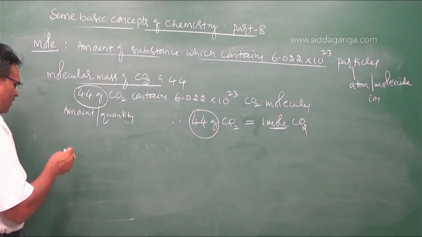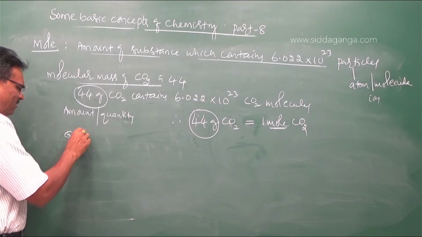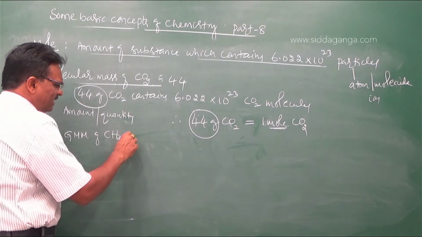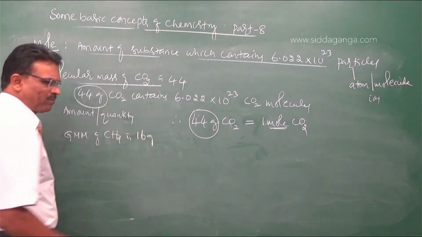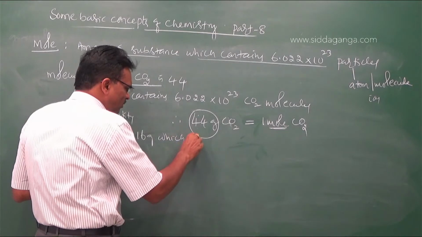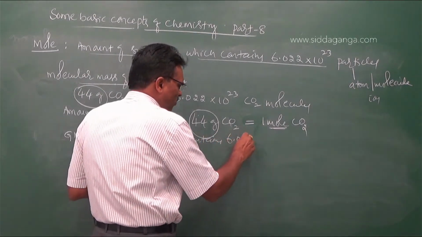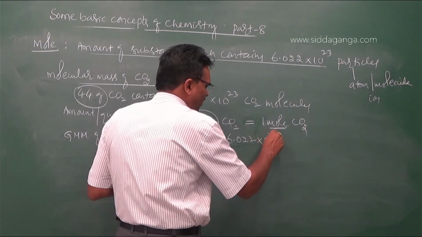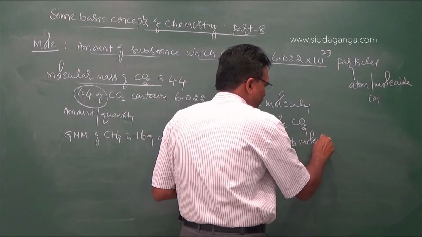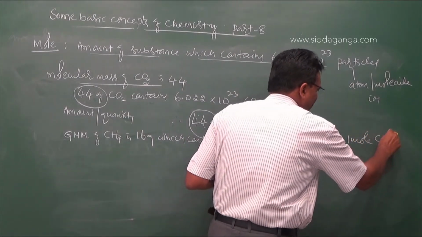Or take the gram molecular mass of methane, which is 16 gram. It contains 6.022 into 10 to the power of 23 methane molecules. It is equal to 1 mole methane.